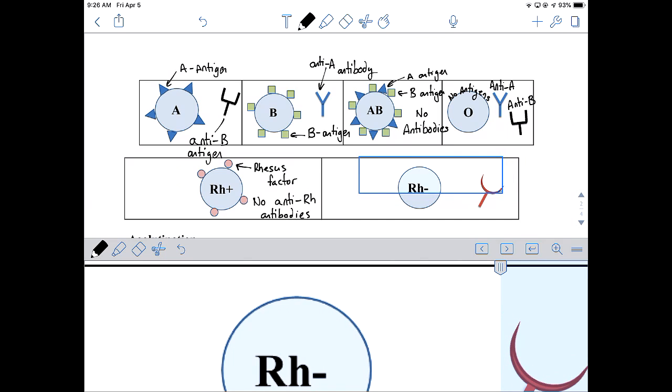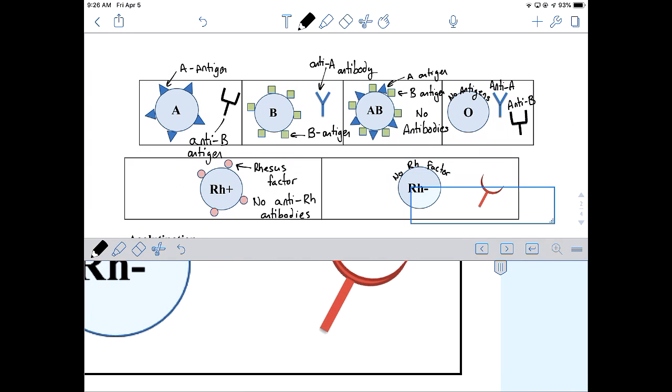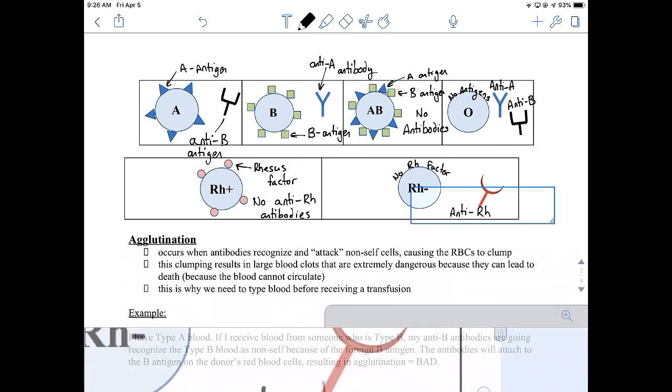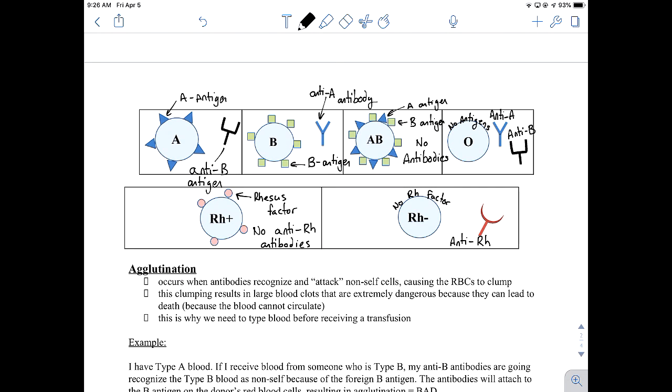And over here we have rhesus negative, so no rhesus factor. But we do have the anti-RH. So there's an interesting thing for these antibodies.